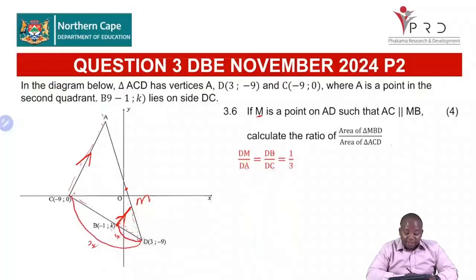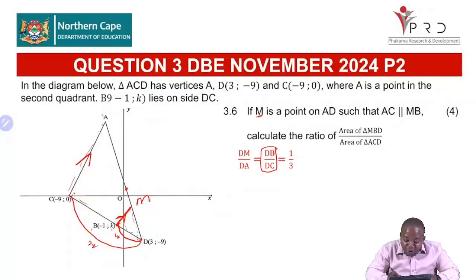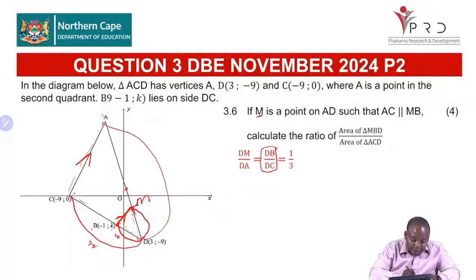So the ratios are the same: if DB over DC is 1 over 3, then DM over DA follows the same pattern and will be equal because of proportionality. We have parallel lines, we are told that AC is parallel to MB, so because of proportionality, the ratios are equal.